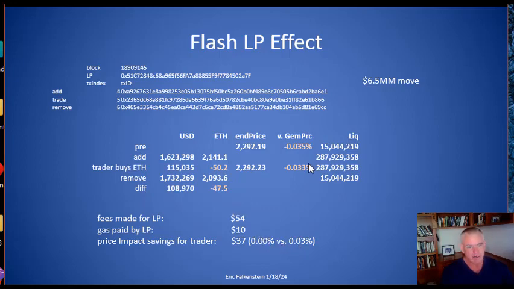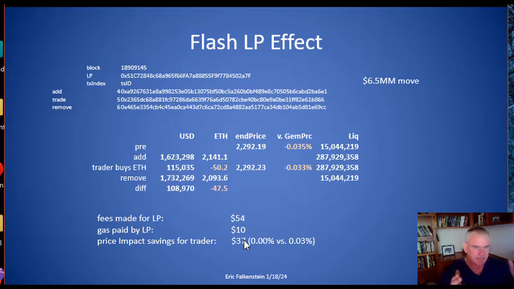If he didn't come in, his price impact would have been higher. So he saved the trader $37 in price impact. So the trader shouldn't mind. And because these things happen, whatever, they affect 1% of all trades. It's not a material factor in explaining the losses of these LPs.